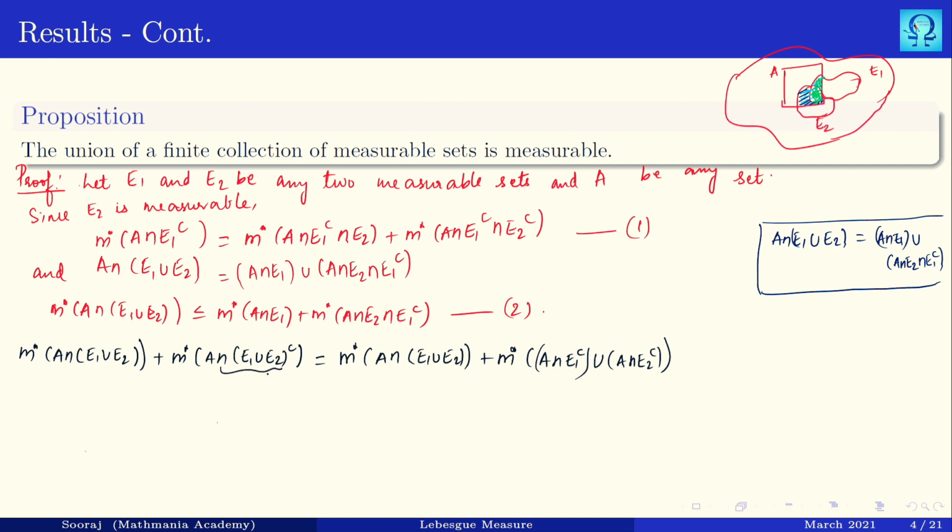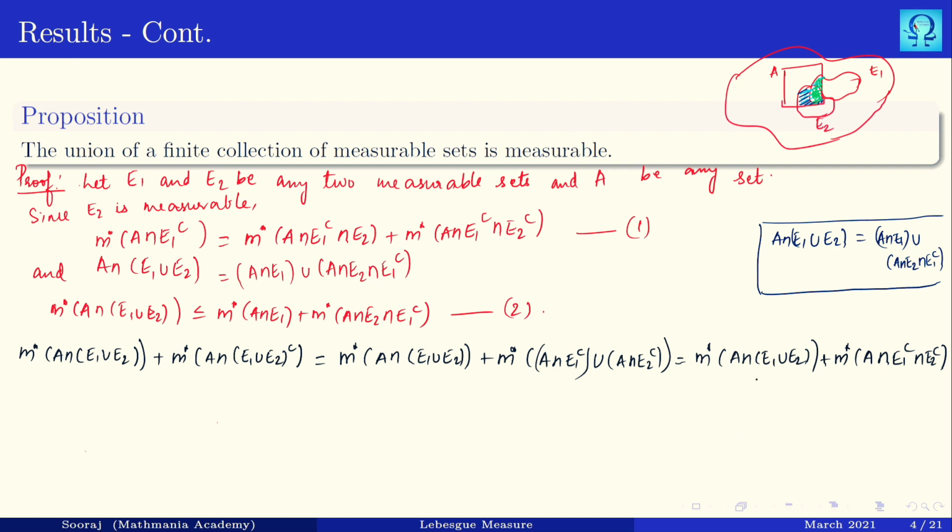I am just applying a set theoretic law to this and get this quantity. So this is nothing but simply m star of A intersection E1 union E2 plus m star of A intersection E1 complement intersection E2 complement, if I'm not wrong. Yeah, so this is the quantity I'm going to get.